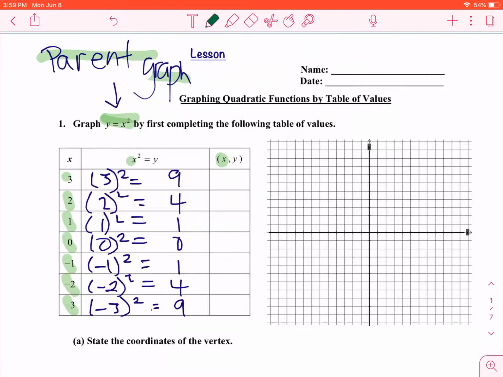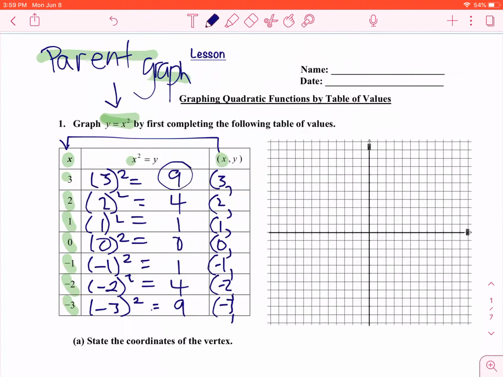So I'm going to write all these in coordinate form. I'm sorry, just to clarify, your x values are the same values that we use as arbitrary points in the table. Now we're going to pair that with our y. Our y is all the values that we squared.